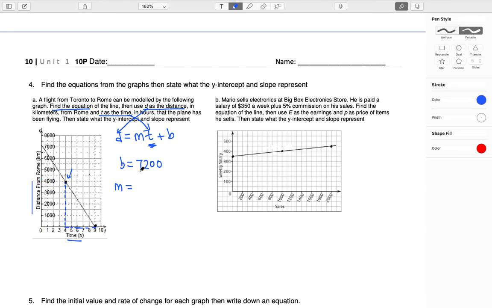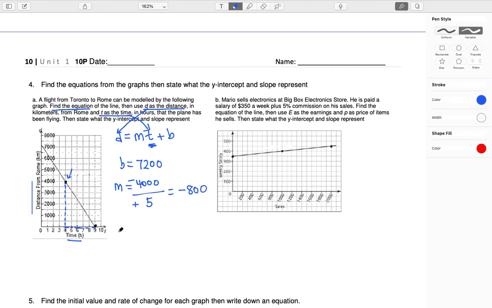So rise is 4,000, but we're going down, so negative 4,000. And then run, we're going from 4 to 9. That's 5 units, and I'm going to the right by 5 units, so it's positive. When I simplify this, it's going to give me negative 800.